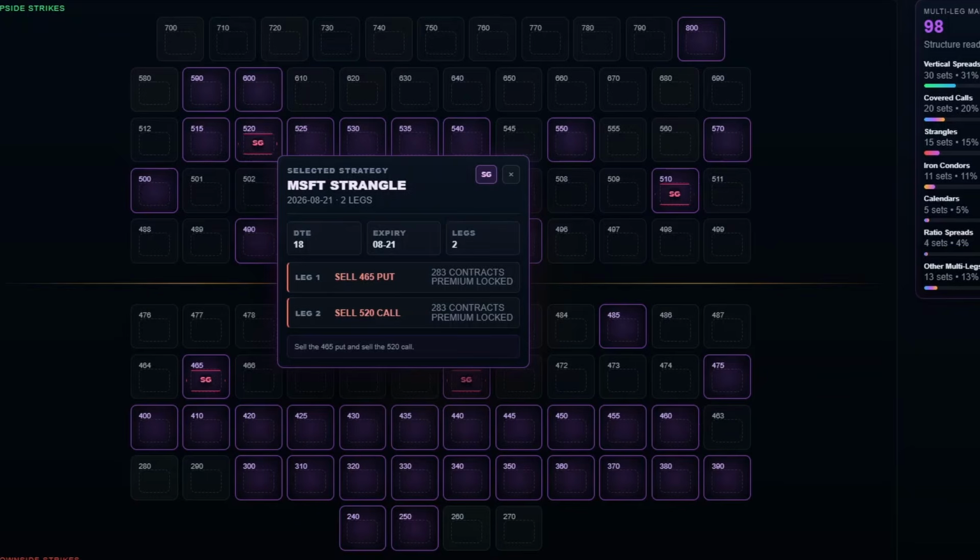Most likely a bullish position, betting that Microsoft will be rising in the long term, maybe a year or two, and they use these short positions in the shorter time frame to collect premiums, to offset the premiums paid for the long position. Very common. I'll be doing another video later on explaining this type of strategy in more detail. But yeah, this is very interesting.